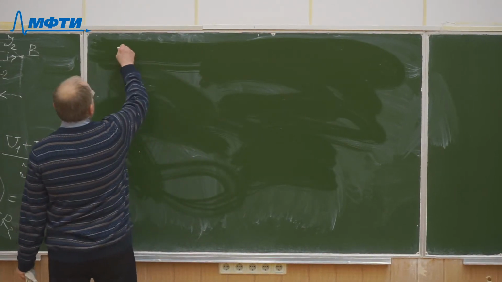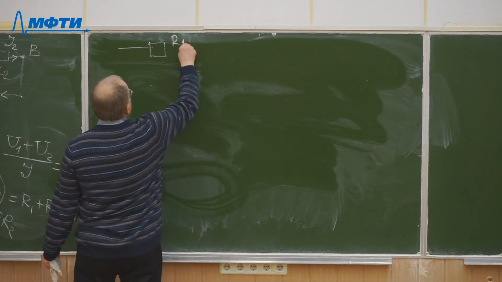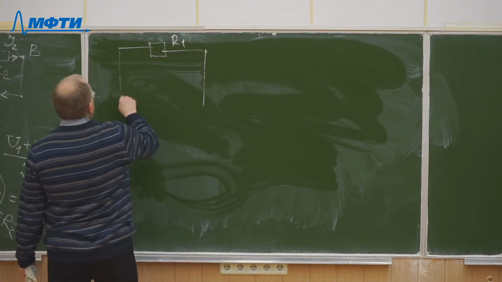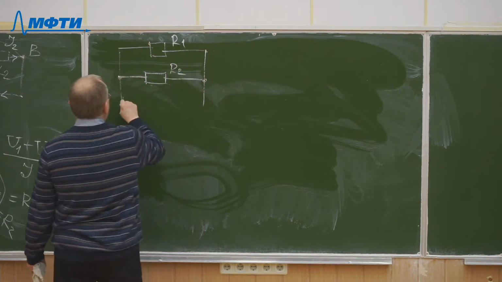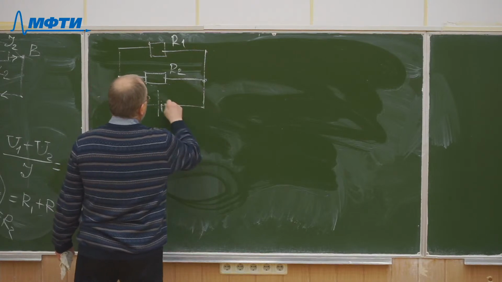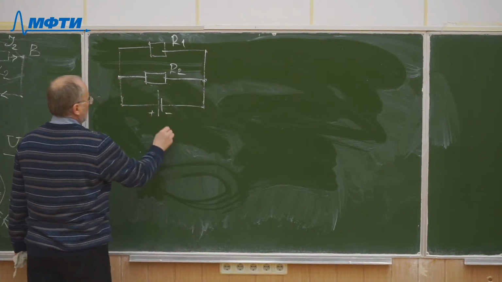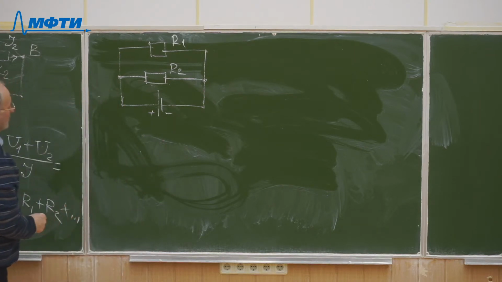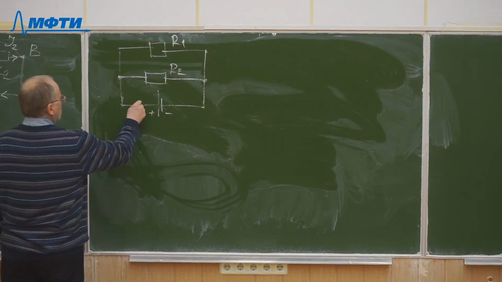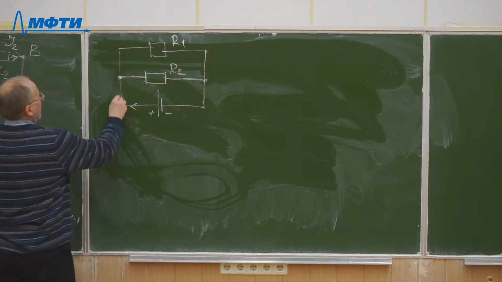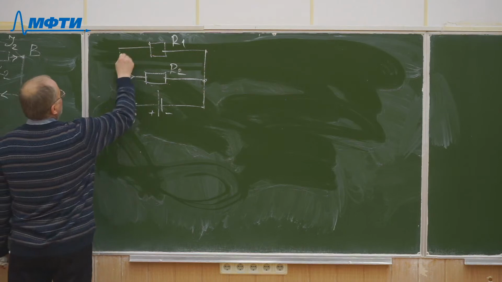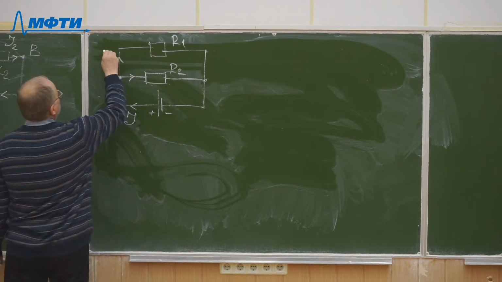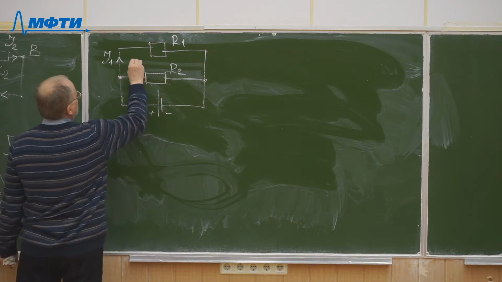So if we have a resistance R1 and a parallelly connected resistor R2, and all connected to some source of voltage, then the current which flows here will go to this point, and at this point the current will be divided into two flows, a current through resistor R1 and a current through resistor R2.